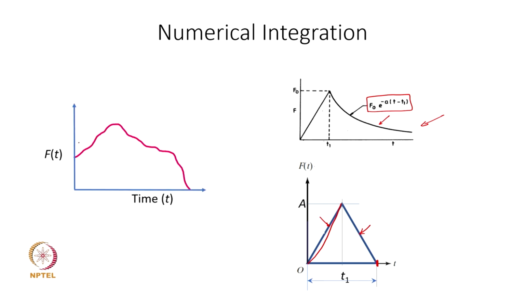Now, in this case also maybe we can treat this to be a set of such rectangles happening for this duration, and then this can be treated as a rectangle, this can be treated as a triangle, and we can make up this arbitrary excitation in terms of these rectangles or discretizations. But you can get an accurate estimate of this response for an arbitrary excitation by numerically evaluating this.